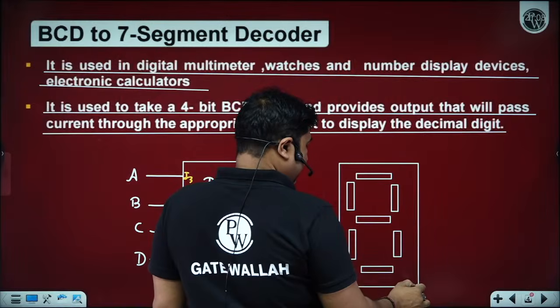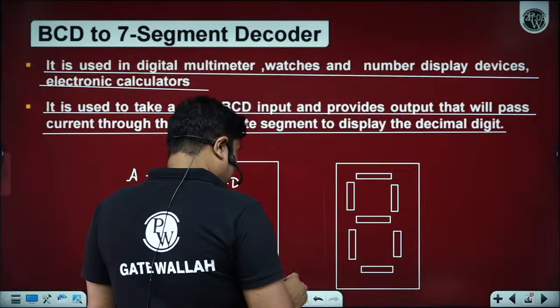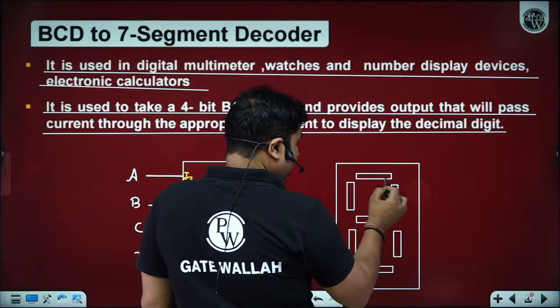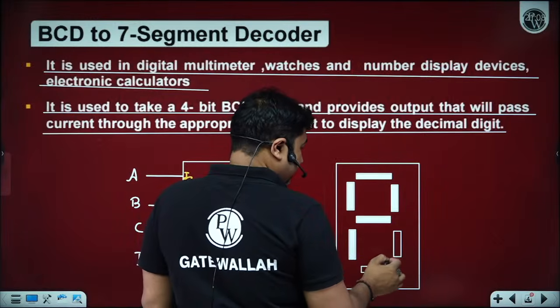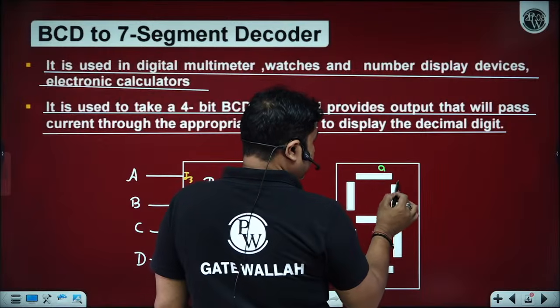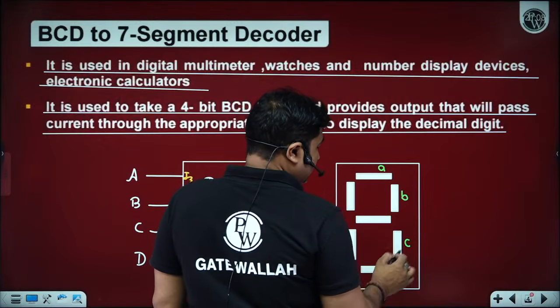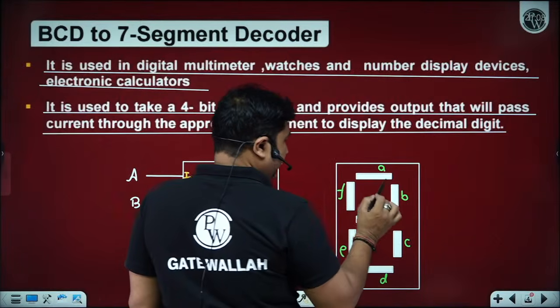So we have 7 segments. You can indicate them as segment A, segment B, segment C, D, E, F, G. So I am indicating the segments here as segment A, B, C, D, E, F, and G.